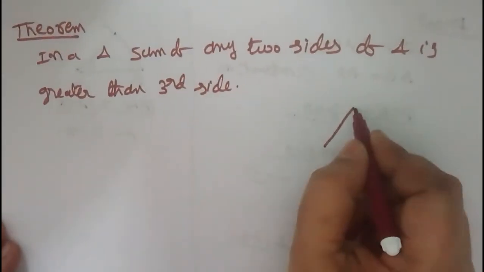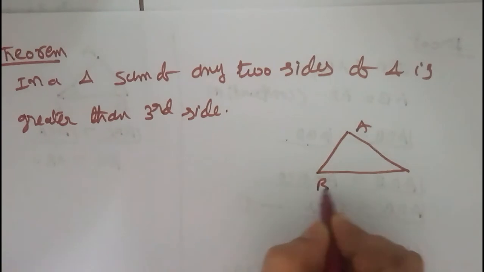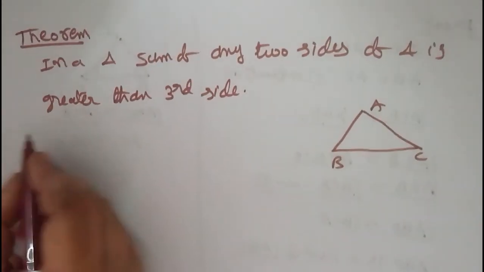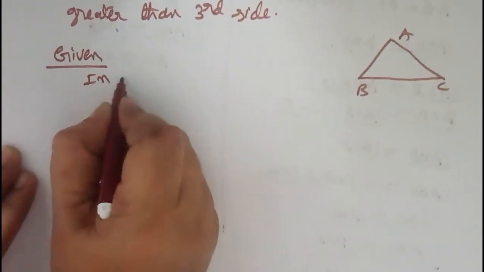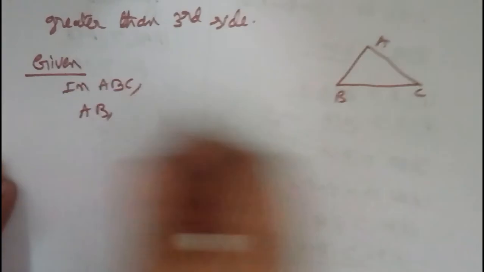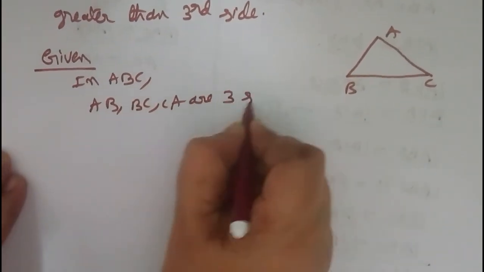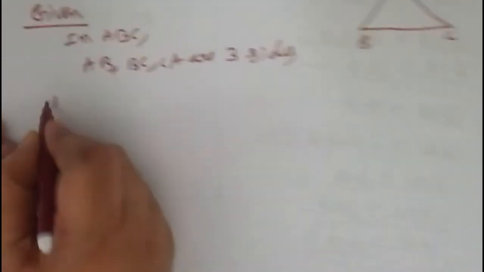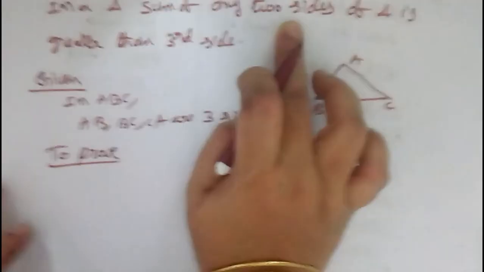So it is a triangle ABC, a scalene triangle. All the three sides are different. What is given? In triangle ABC, AB, BC, CA are three sides. What is to prove? The sum of any two sides is greater than the third side.